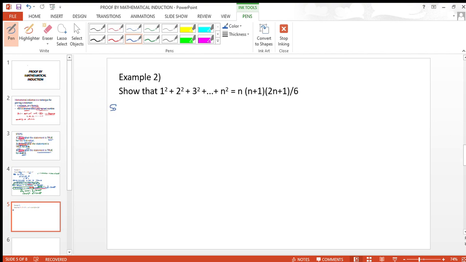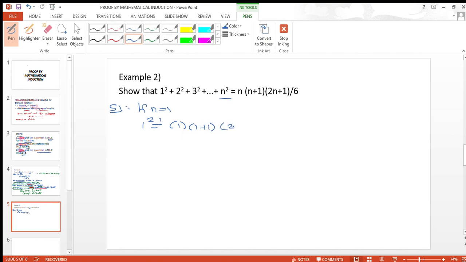So we have 3 steps. Step 1, show that if n equals 1, this must be true. Is this satisfied? So if n is 1, go back to the left side: 1 squared. Right side, n is 1, so we have 1 plus 1 plus 1. We're just changing all the values of n by 1.